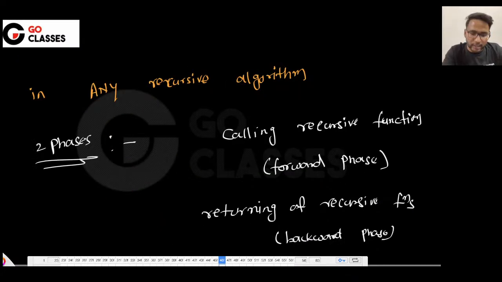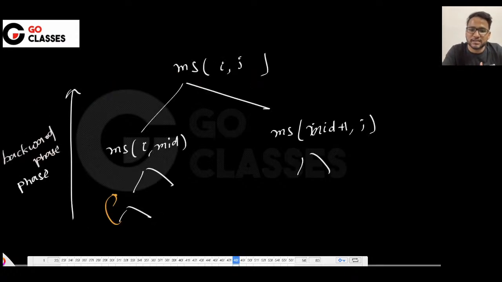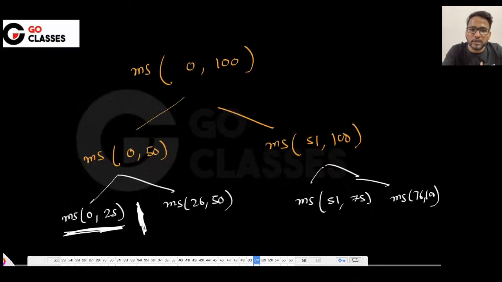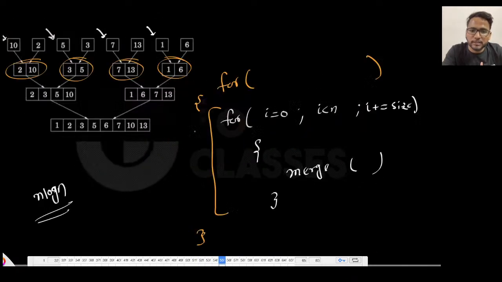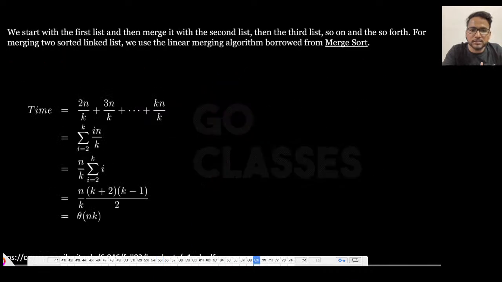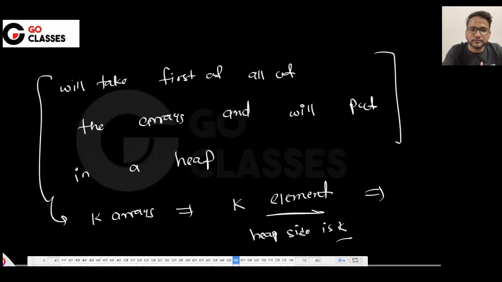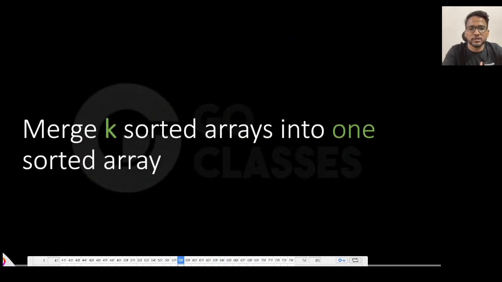We have seen iterative merge sort, we have also seen the normal merge sort, and we have seen the third question, which is merging k lists. This is a very popular question, where they ask you to merge k sorted lists into one sorted array. That's what we have seen at the end.